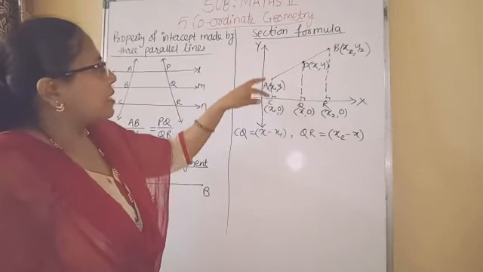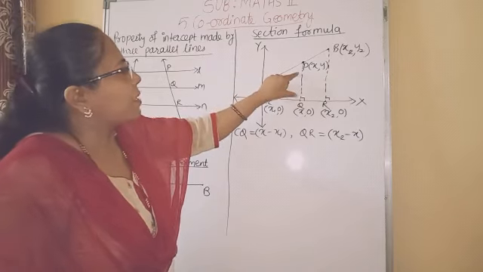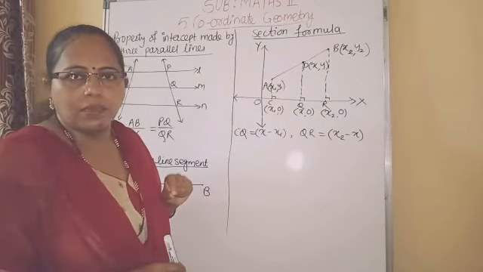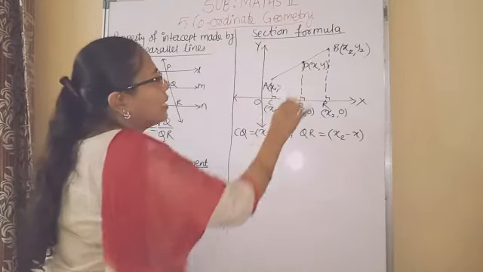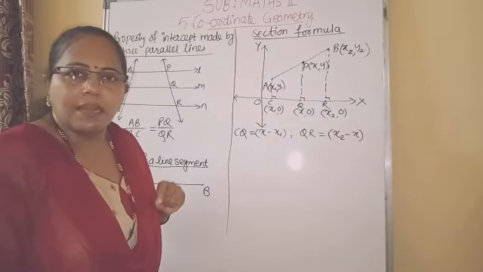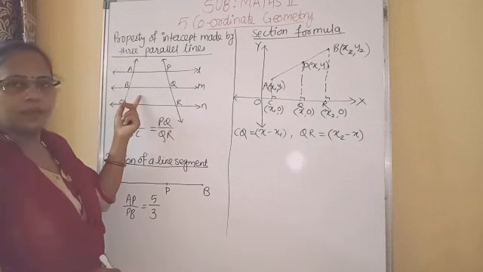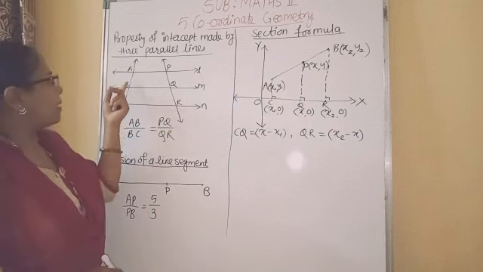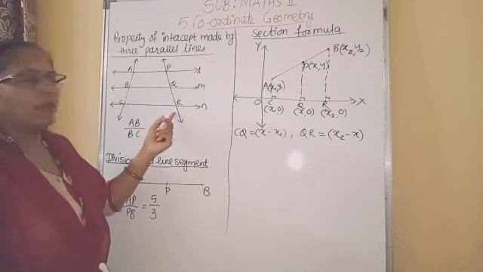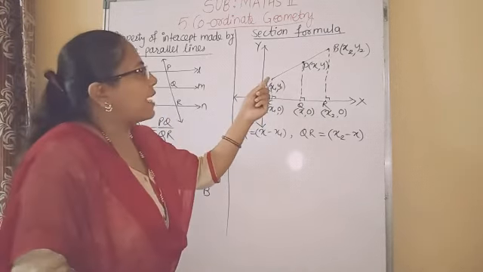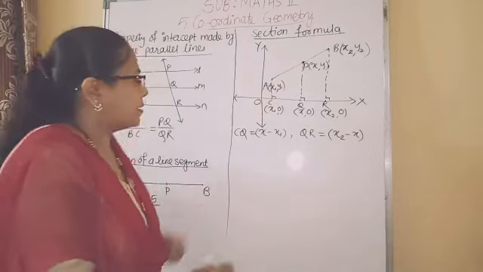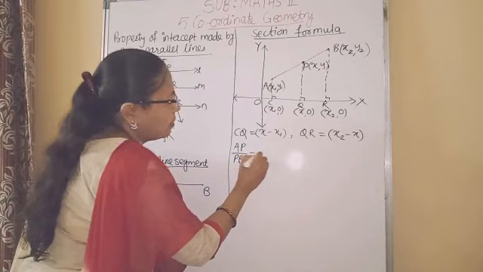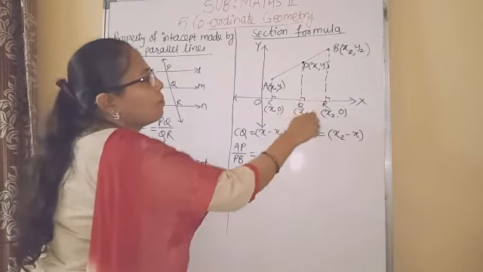Followed this? Now here see segment AP, segment PQ and segment BR. These three segments are parallel to each other, and AB and the x-axis are their transversals. So using this property of intercepts made on three parallel lines, AB upon BC equal to PQ upon QR, here we will get AP upon PB equal to CQ upon QR.